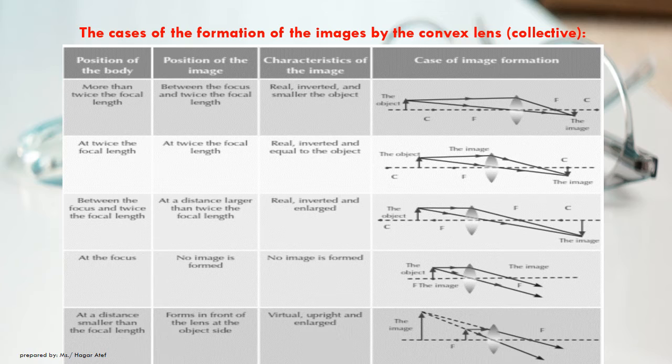Number 4, when the body is at the focus, no image is formed. Number 5, when the body is at a distance smaller than the focal length, the image forms in front of the lens on the object side, and the properties of the image will be virtual, upright, and enlarged.